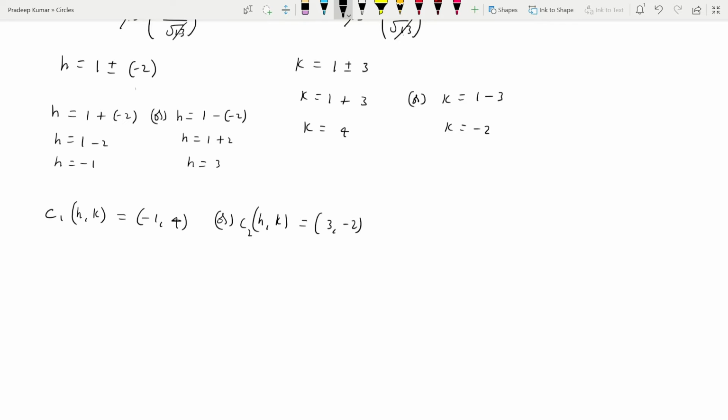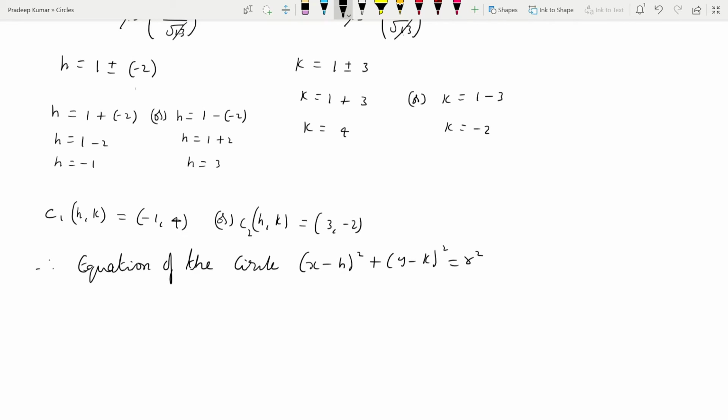So now by using these particular centers we can easily find out the equation of the circles. So I can write here, therefore, the equation of the circle is x minus h whole square plus y minus k whole square equal to r square.